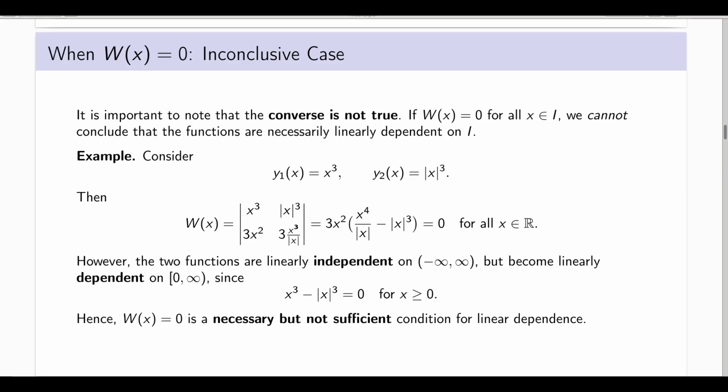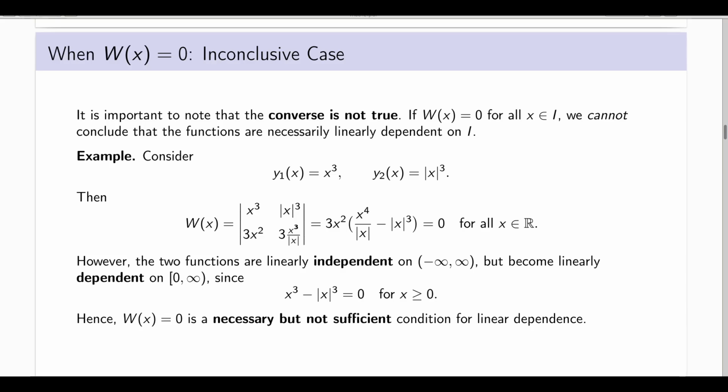Yet, these two functions are actually independent on the whole real line because one cannot be written as a constant multiple of the other when x is negative. However, on the half-line from 0 to infinity, they become dependent since x cubed minus absolute value of x cubed equals 0 for all x greater than or equal to 0. So remember, a vanishing Wronskian is a necessary but not sufficient condition for dependence.